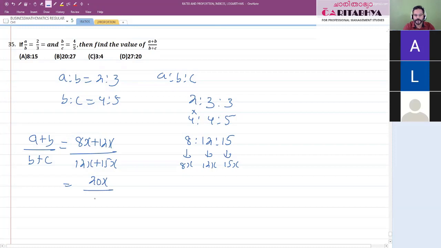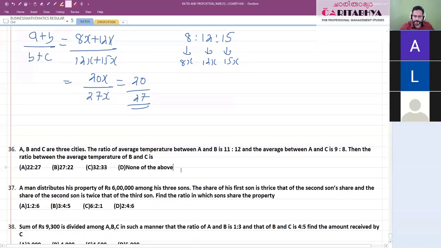Then divided by 12x plus 15x, 27x. x gets cancelled. 20 divided by 27. Did you get your answer? Yes, sir. 20 divided by 27, or 20 is to 27. Then next question.